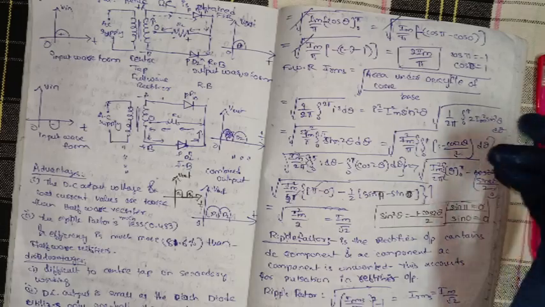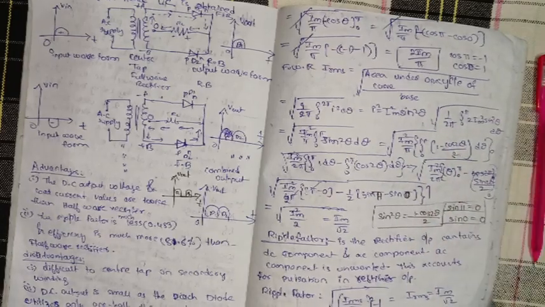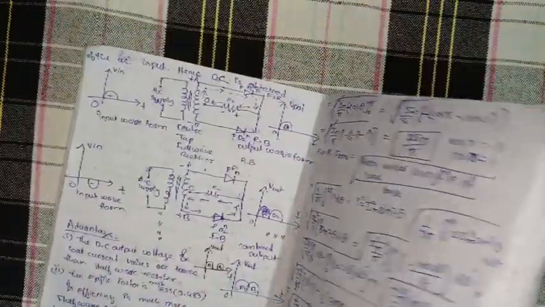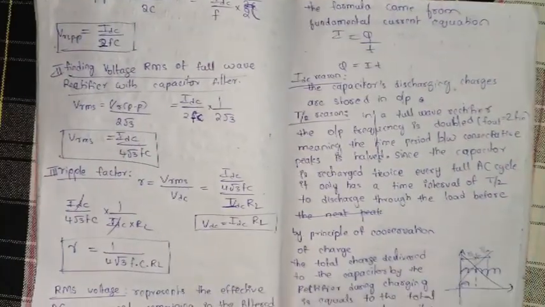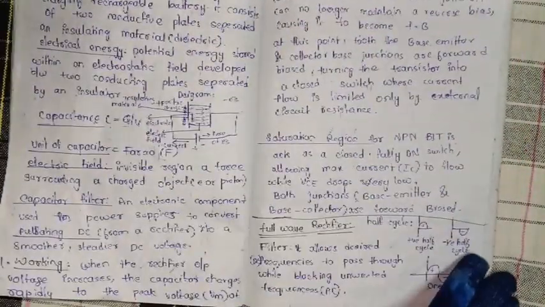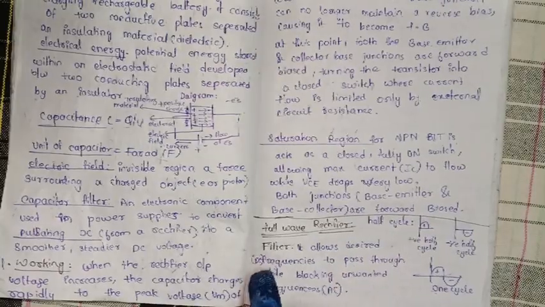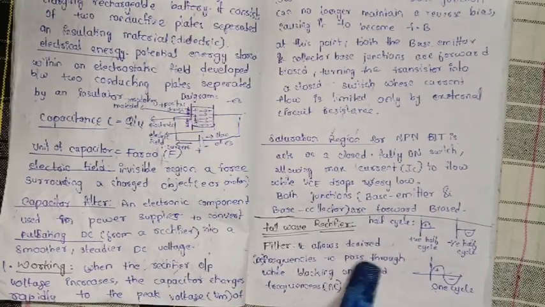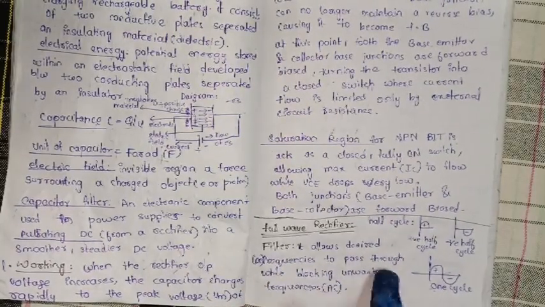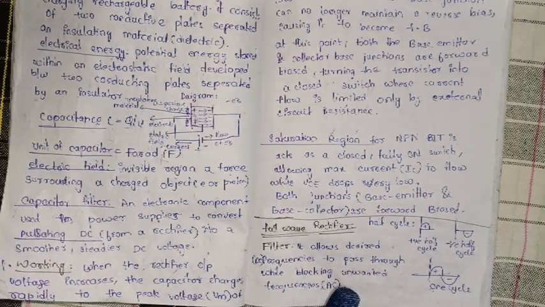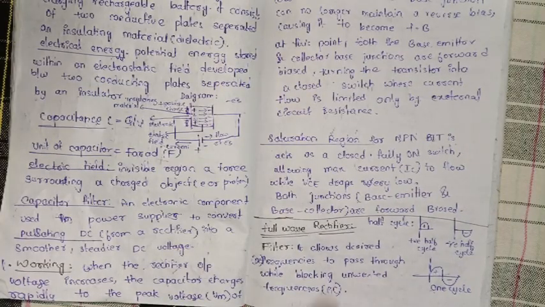Then we will see what a filter is. A filter allows desired DC frequencies to pass through while blocking unwanted AC frequencies.